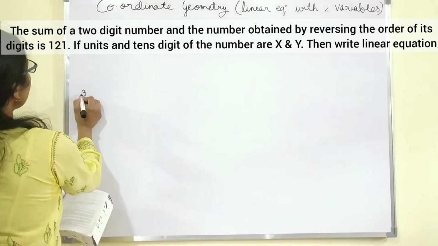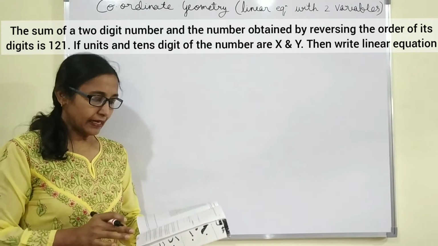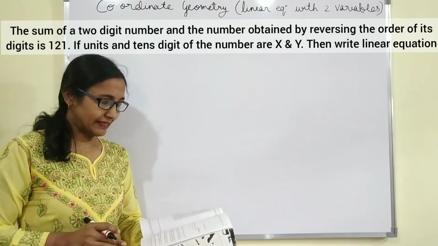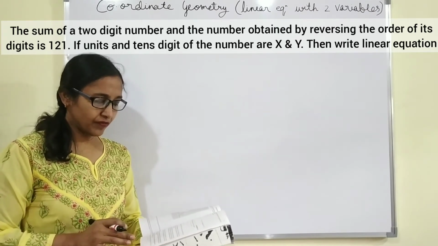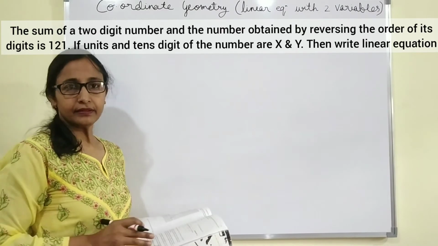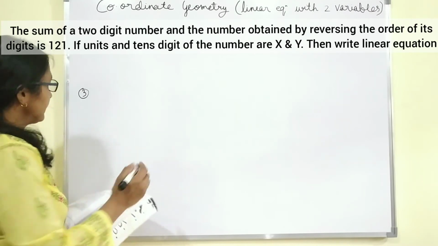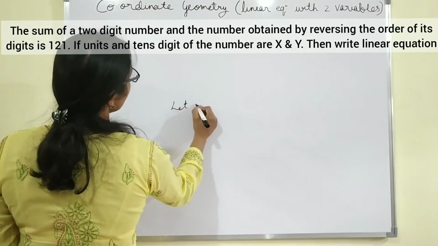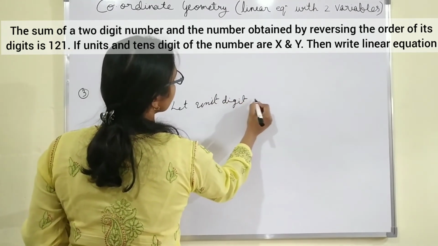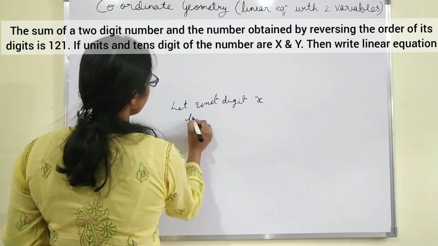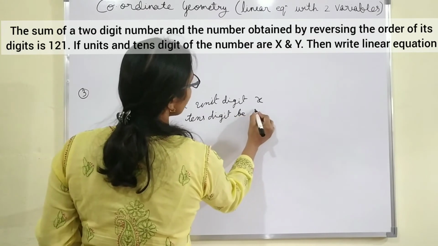Now the next example is: the sum of a 2-digit number and the number obtained by reversing the order of its digits is 121. If the units and tens places of the number are x and y, write a linear equation with two variables and draw the graph. So let the unit digit be x and the tens digit be y.